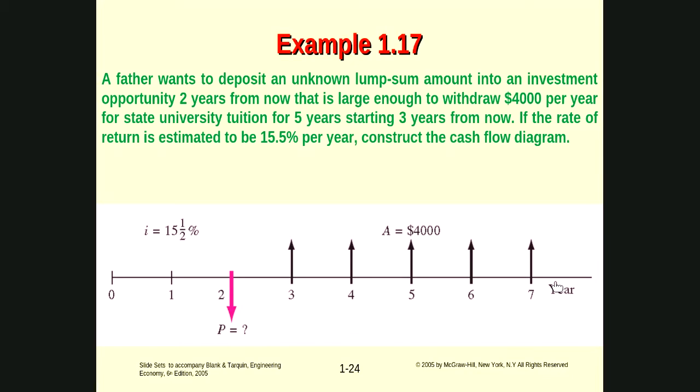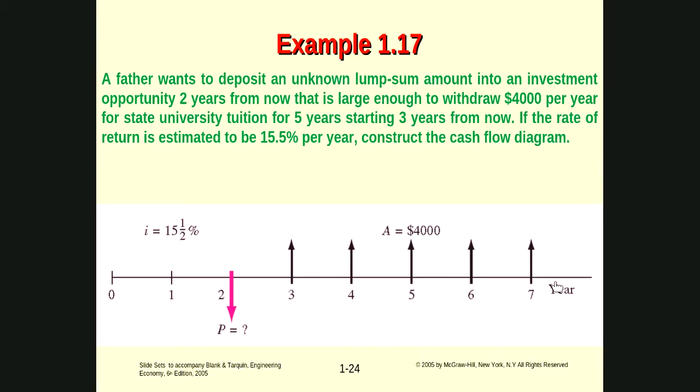So he wants to know how much he has to save or invest at an interest rate of 15.5. The bank offers him an investment at 15.5. So how much should I invest in that offer, in a way that in the following year I will get 4,000 yearly for 5 years for my son's studies?